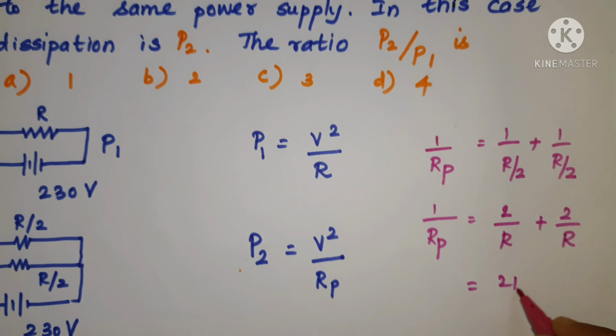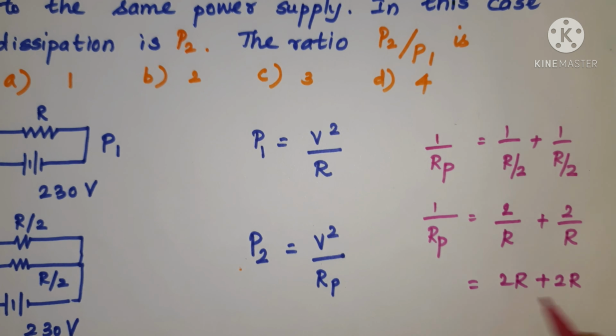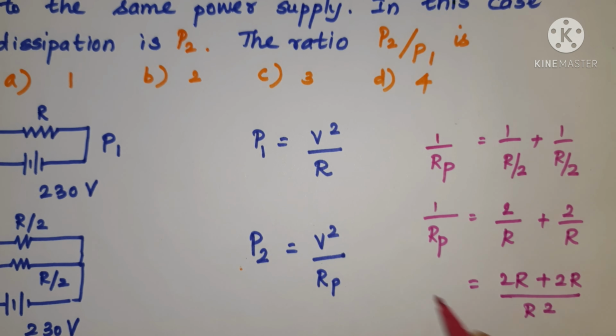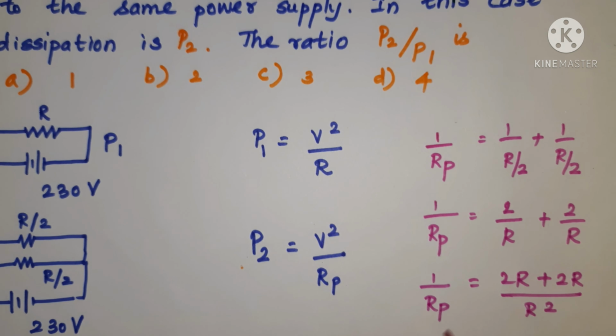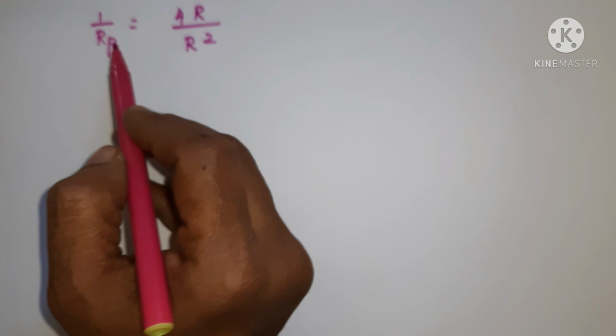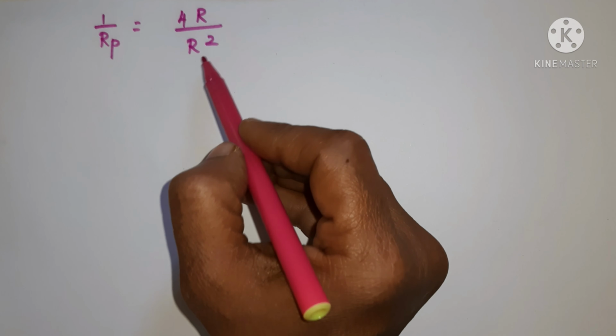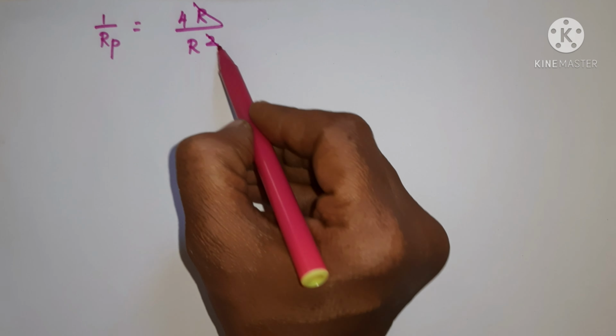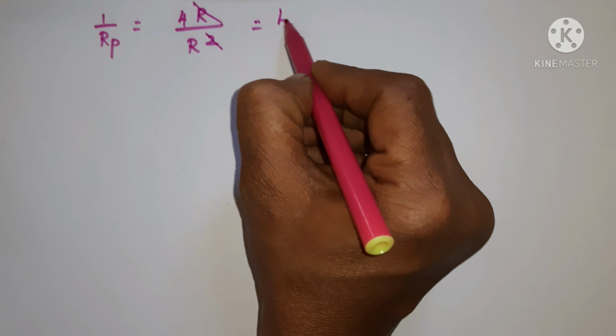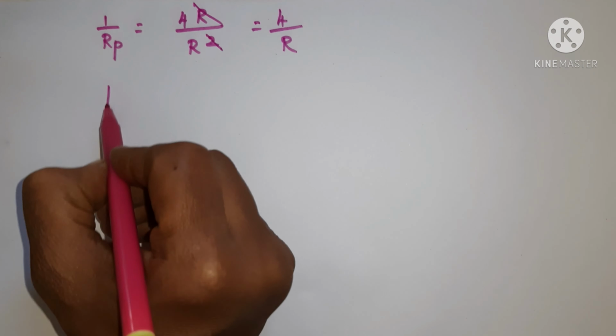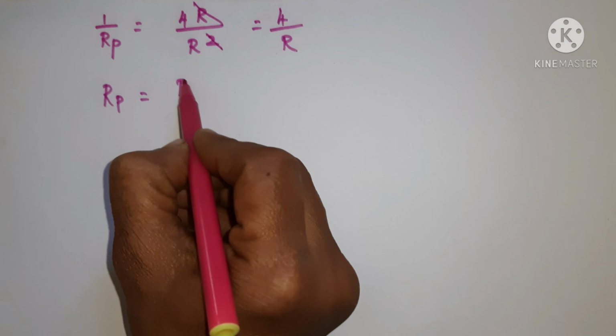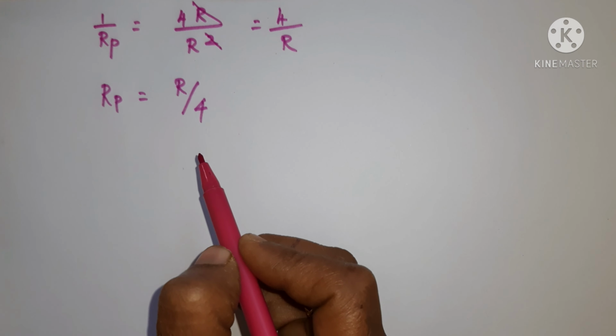It is 2R plus 2R divided by R square, that is 1 by Rp. Thus we have 1 by Rp is equal to 4R divided by R square. R and R will be getting cancelled. This is equal to 4 by R. Thus we have Rp is equal to R divided by 4.